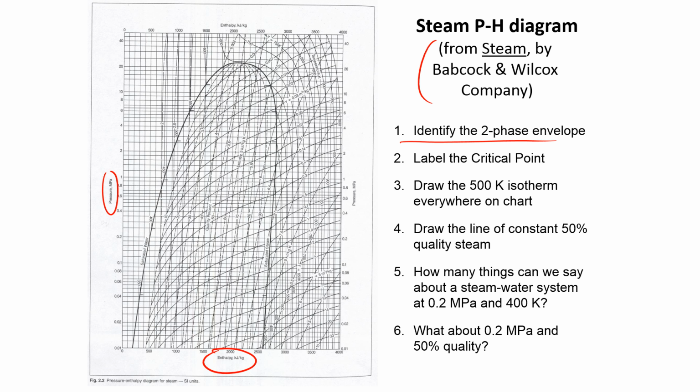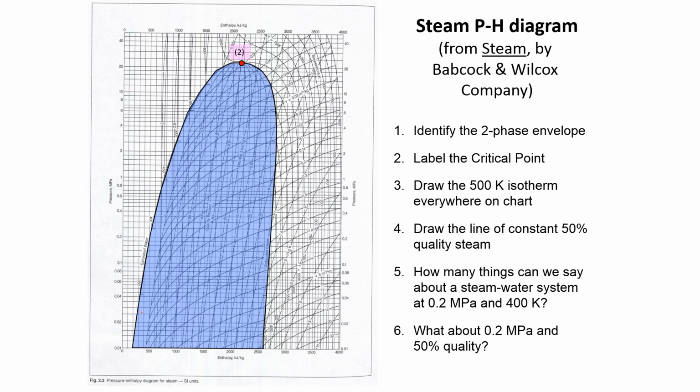For example, the first one is a two-phase envelope. Here is our saturated water, and then there is saturated steam, and right up at the top is the critical point. Above this line is going to be supercritical fluid.